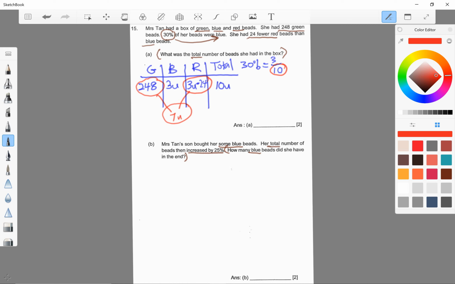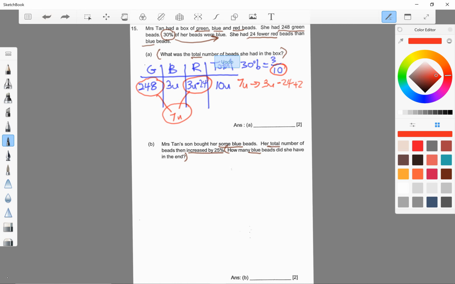So 7 units must come from the green and the red. So 7 units must be 3 units minus 24, and I got to add 248 to the answer. So 3 units minus 24 plus 248.